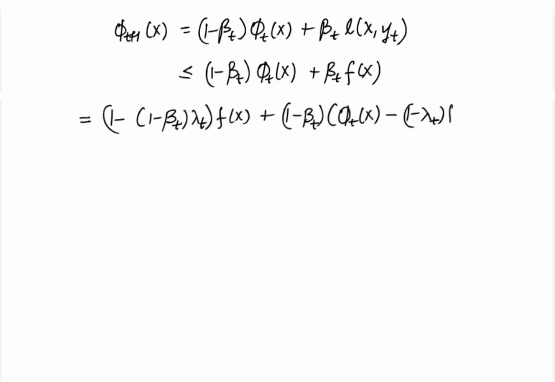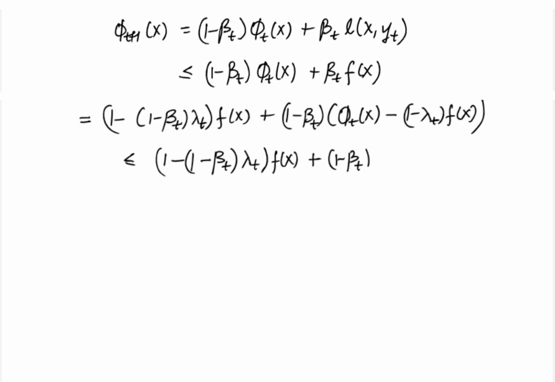The reason we have added and subtracted this term is so that we could use the induction hypothesis, which implies that the right hand side is less than or equal to (1 minus beta t) into lambda t into f of x plus (1 minus beta t) lambda t phi 1 of x, where we have used the bound in the second term.